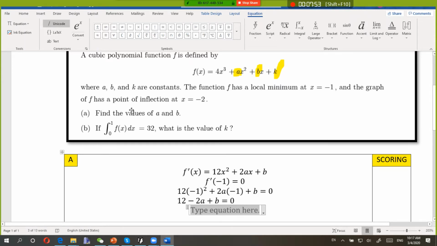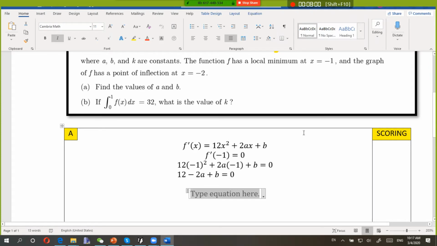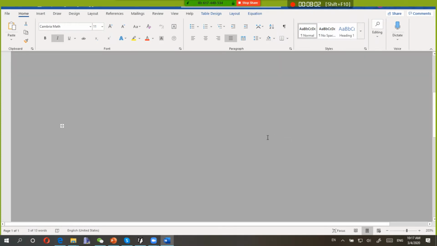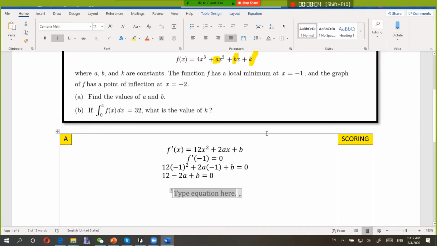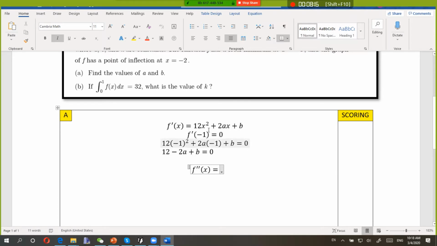If we have a point of inflection at -2, the second derivative is equal to 0. Right. Okay, my second derivative should be equal to 0 when x is -2. So I'm going to get my general form for the second derivative then. We've already got our first derivative here. So Oliver, if I derive this, what's going to happen?